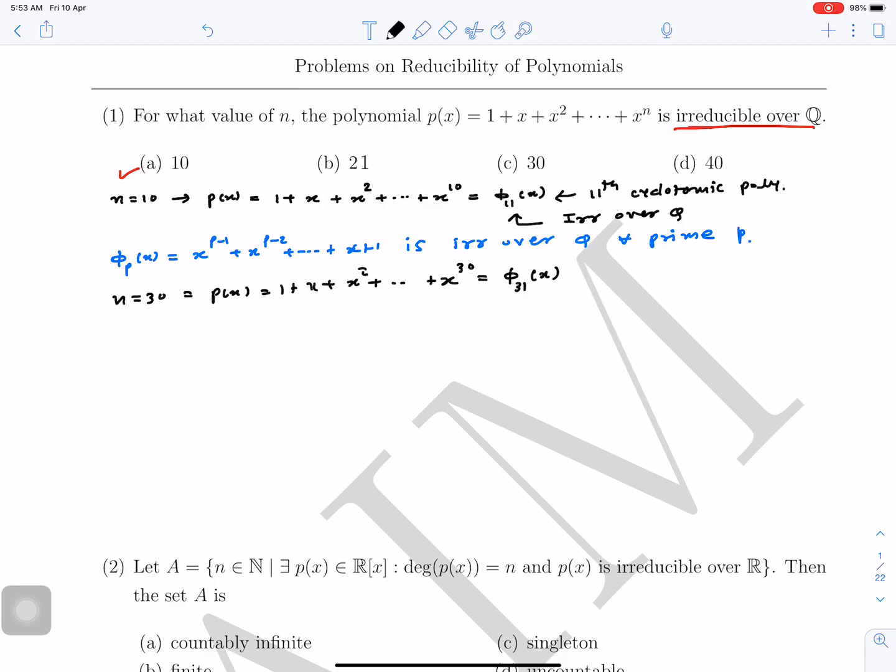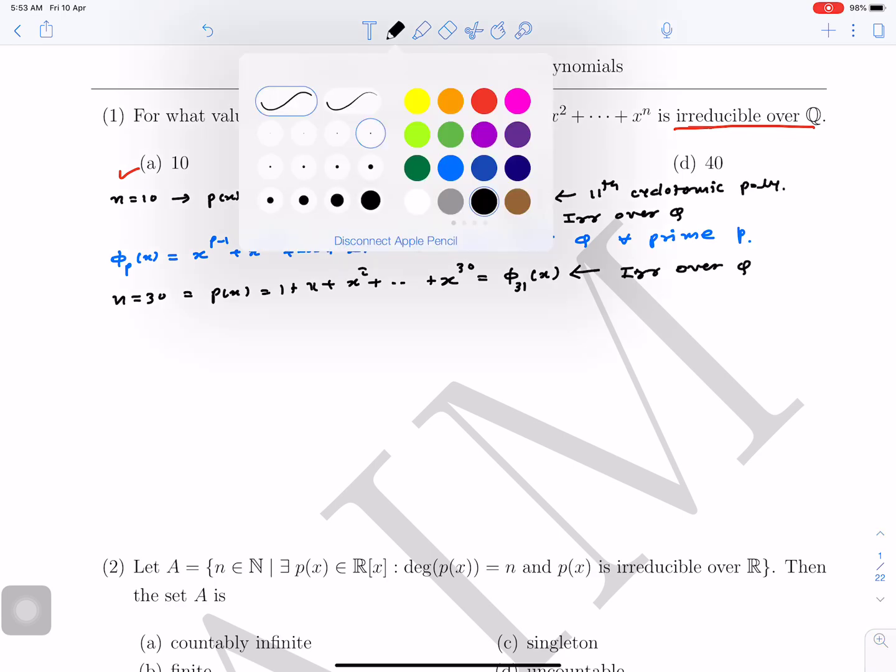See, the definition of Φ_p(x) starts with x^(p-1), so if x^(p-1) is the highest degree, p-1 is the degree. Here 30 is the degree, so it is next 31, and 31 is prime. So this one is irreducible over Q. So 30 is also a correct answer.